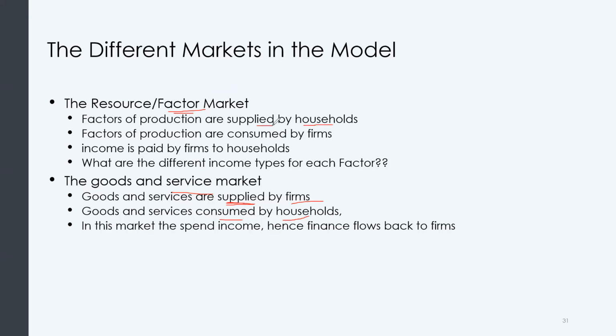Please pay attention to that fact. It is the households that then supply the factor market. And it is the companies or the firms that are now the consumers in the what? In the factor market, right? I hope that is very, very clear because that's a typical exam question. It's almost in every exam.